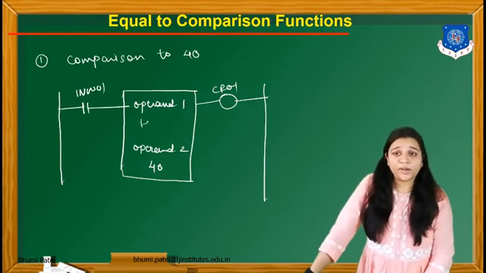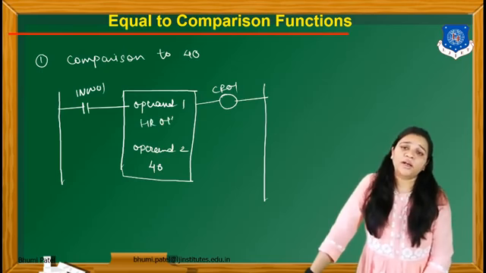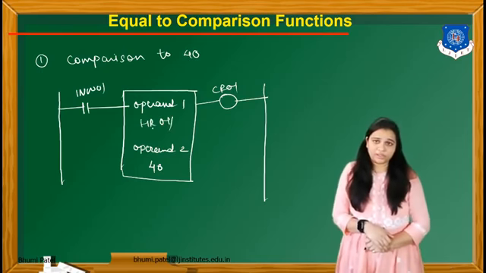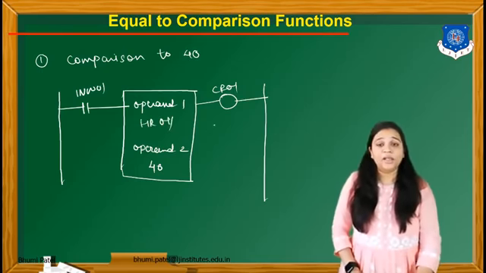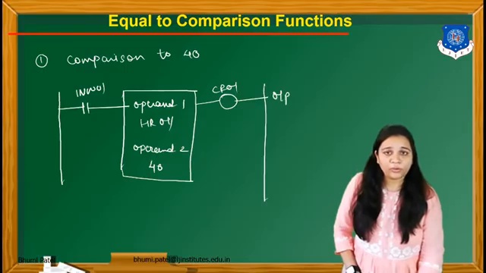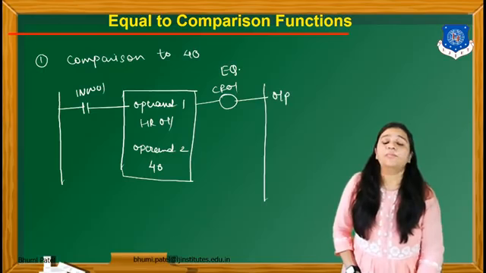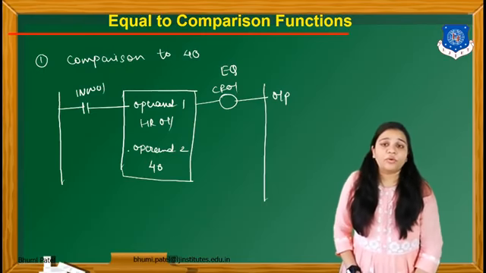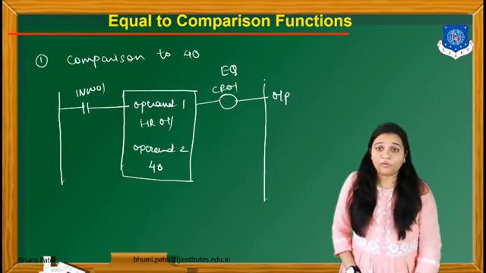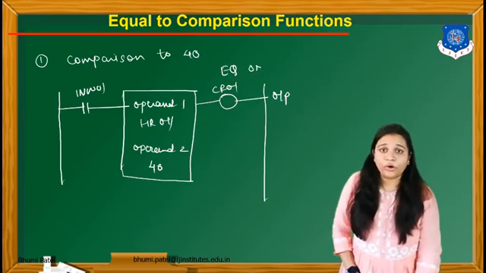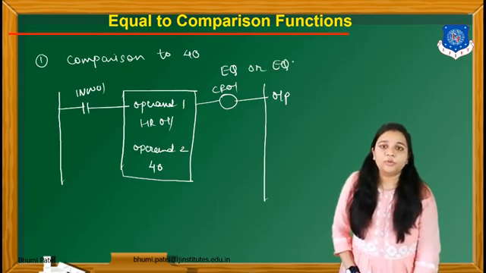In operand 1, we have to take one register, HR011, and this is my output logic. We have to use the equal to comparison function here, so we have to write EQ or EQU.